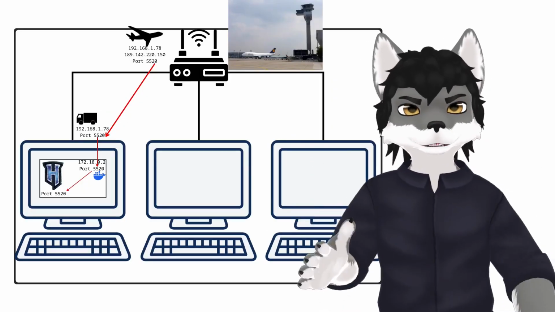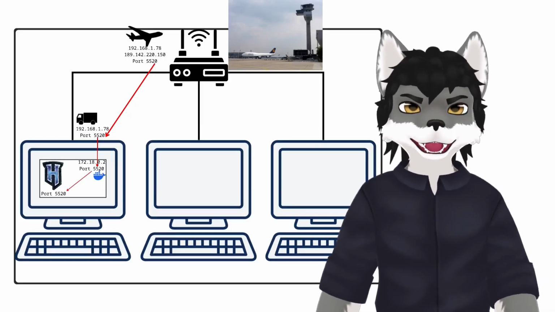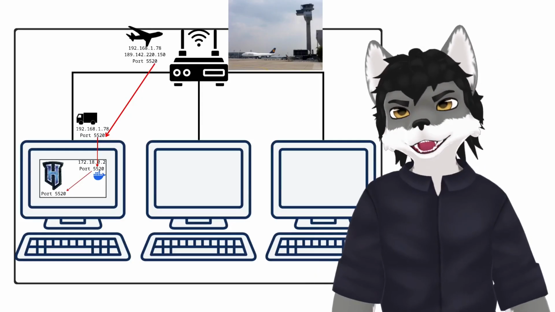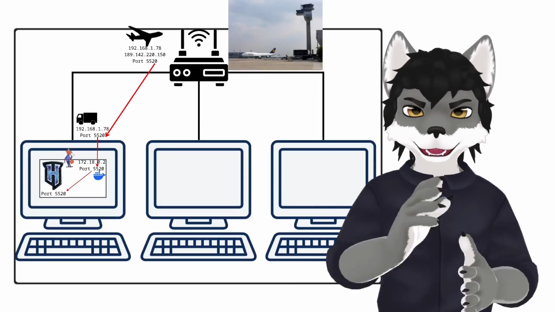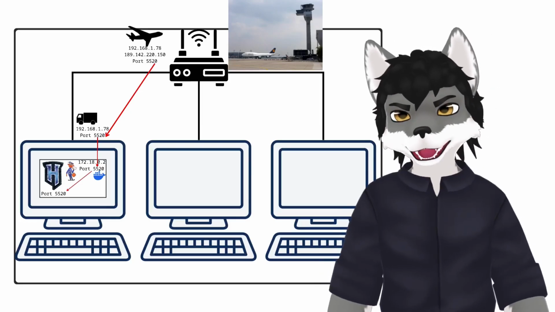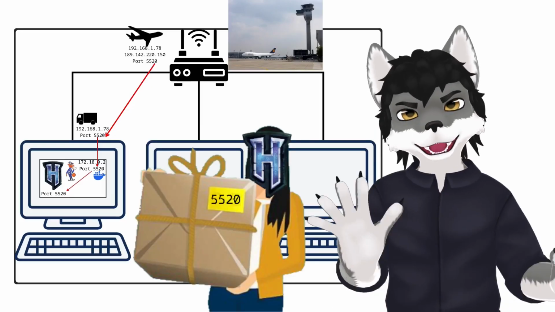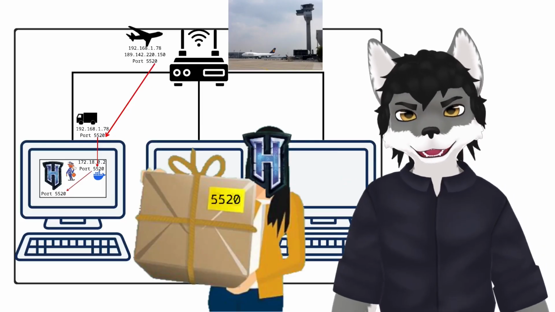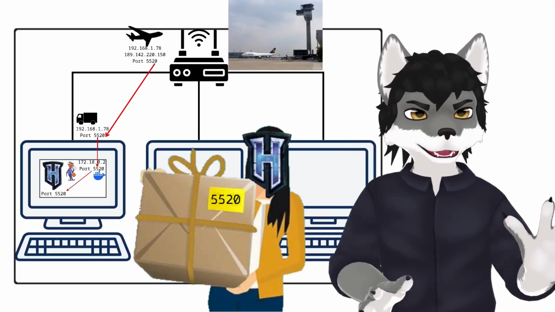Once delivered, the Docker instruction says all packages that arrive at garage 5520 should go to office 5520. So a mailman takes the package and goes to the office. And there he says, I bring a package for employee 5520. And employee 5520, aka Hytale, finally gets it. It's a chain of delivery.